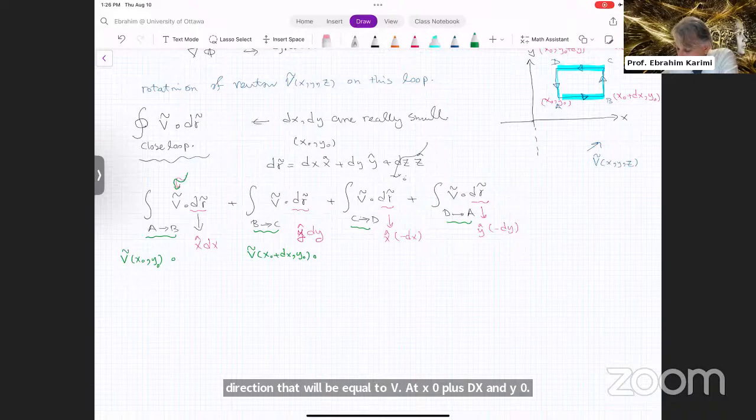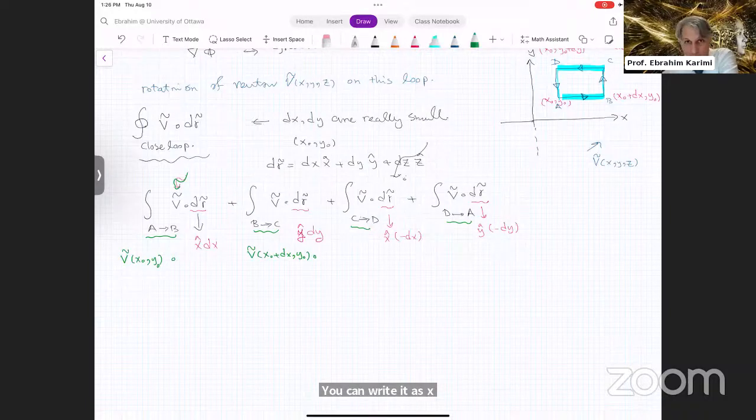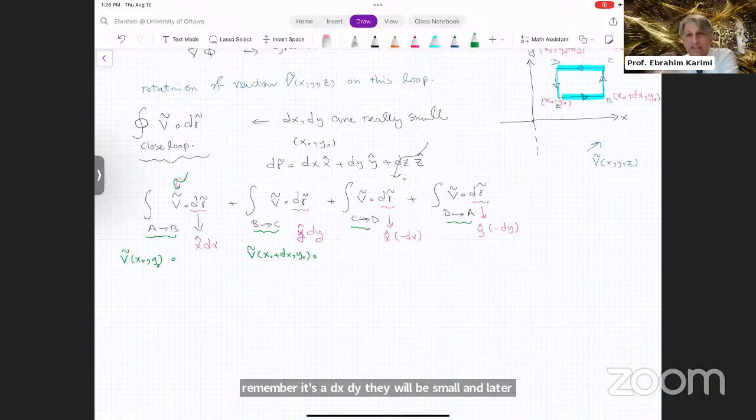For the path of C to D, you can have two choices. You can write it as x0 plus dx and y0 plus dy, but remember dx and dy are small, and later on I will do the Taylor expansions.